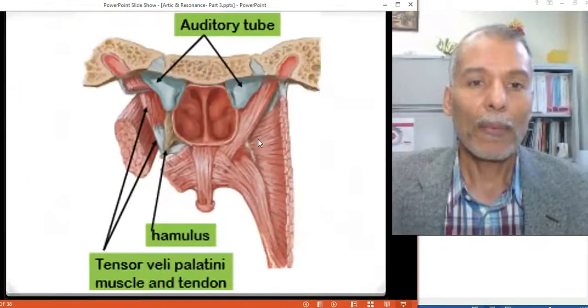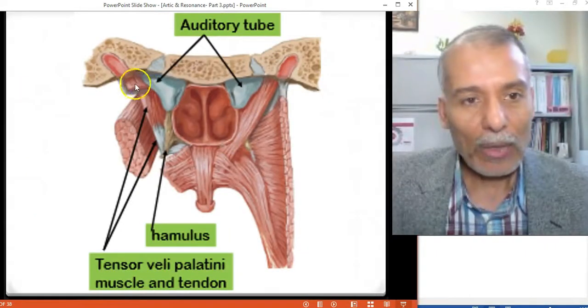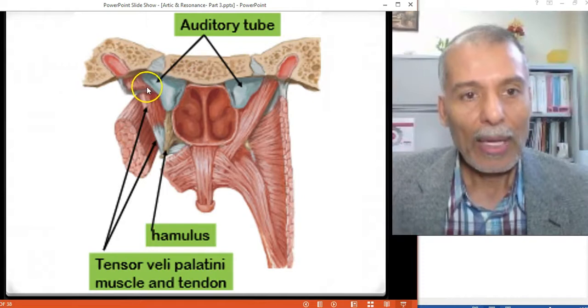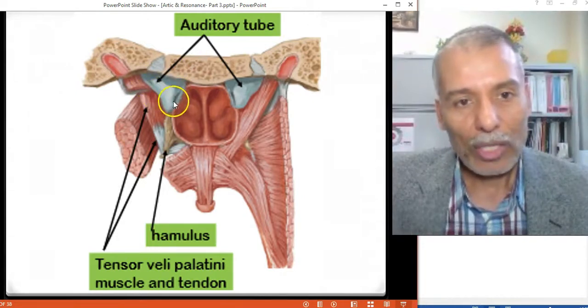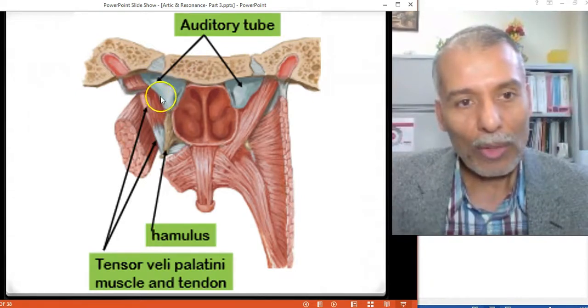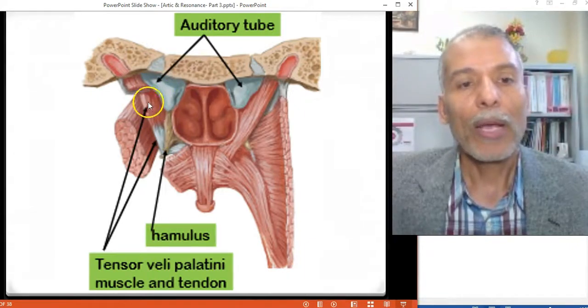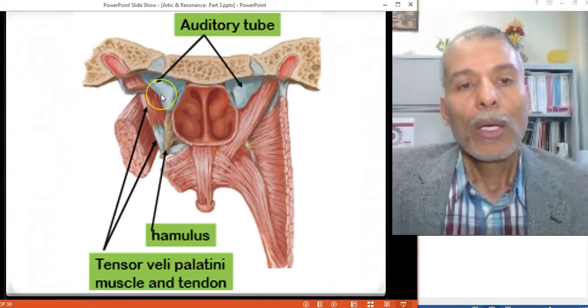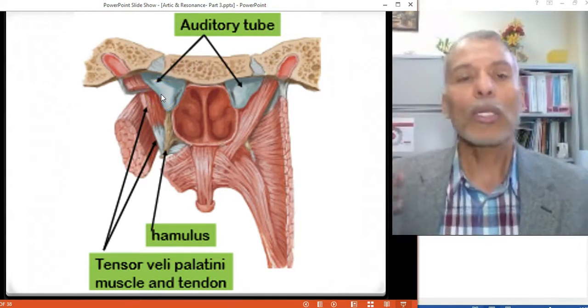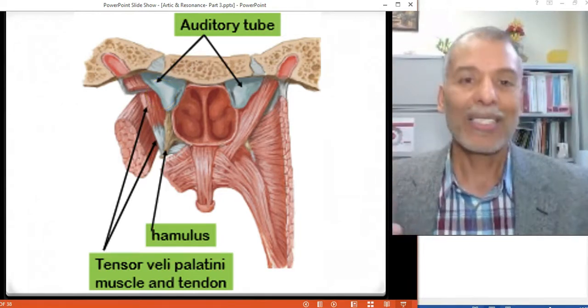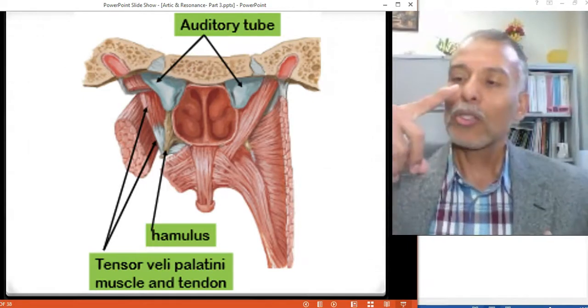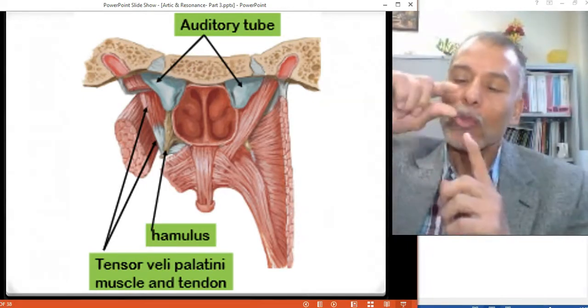So let's look here. Now we have taken out the levator veli palatini, and then you can see now the eustachian tube, and all on the margins of it you have the attachment of the tensor veli palatini. So it actually tenses the eustachian tube, and by doing so it tilts the mouth of it open.